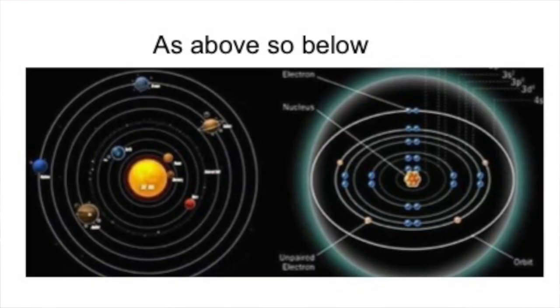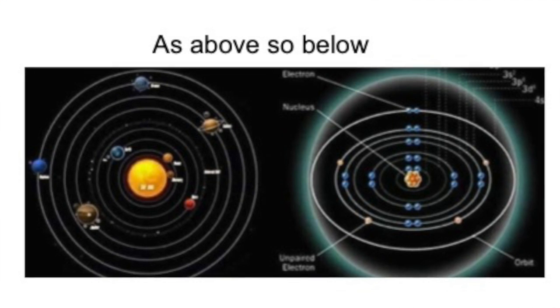One of the best ways to really understand how these work and how they hold the whole physical world together is to go to the next slide and look at our solar system and compare the solar system to the atoms that make up the whole world.